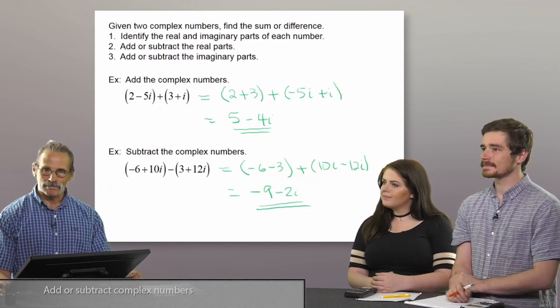We want to add 3 minus 4i plus 2 plus 5i. When you add two complex numbers, you add their real components, and then you add your imaginary components.